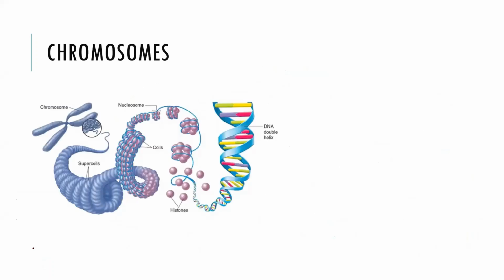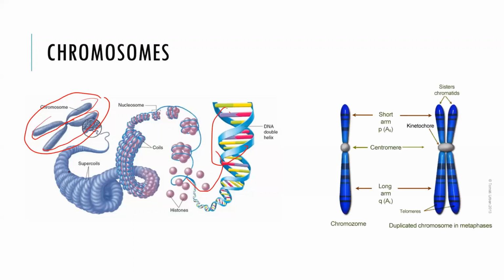You can see a chromosome here. This is a duplicated chromosome which has two sister chromatids, right? You can see how the DNA is coiled and arranged into this chromosome. So here you have a chromosome, and here you have a duplicated chromosome with the two sister chromatids.